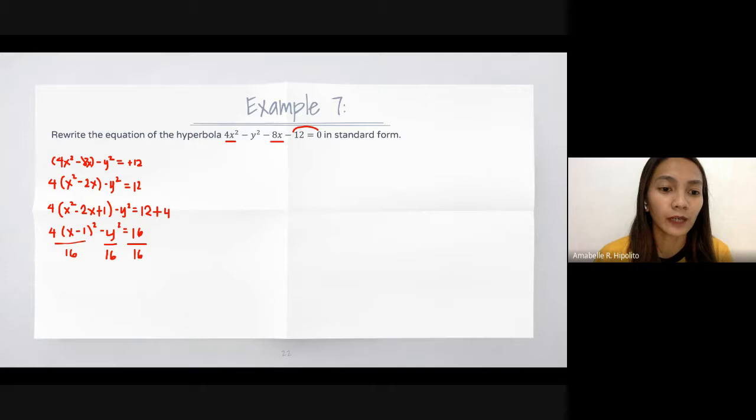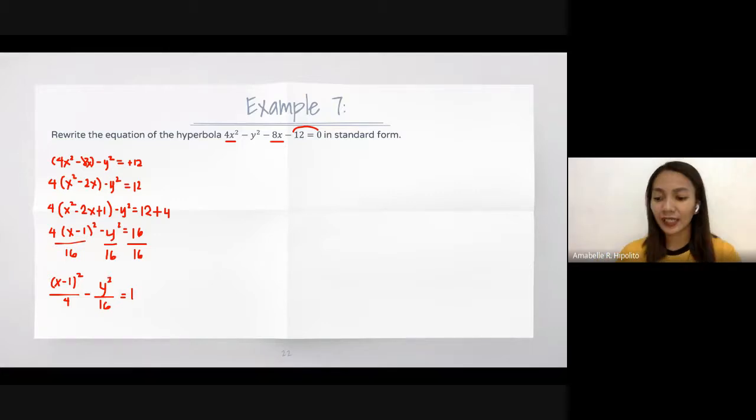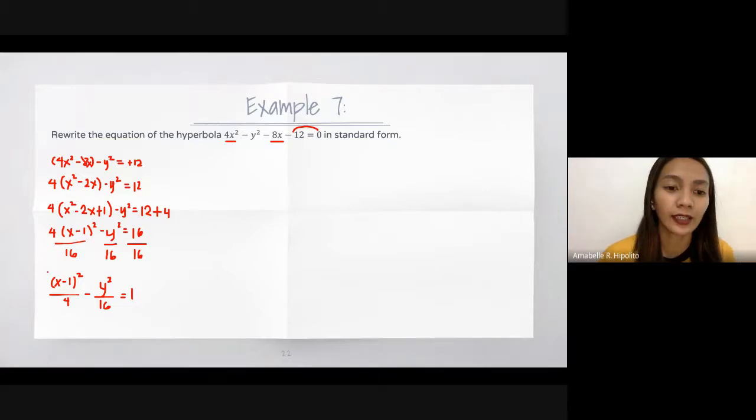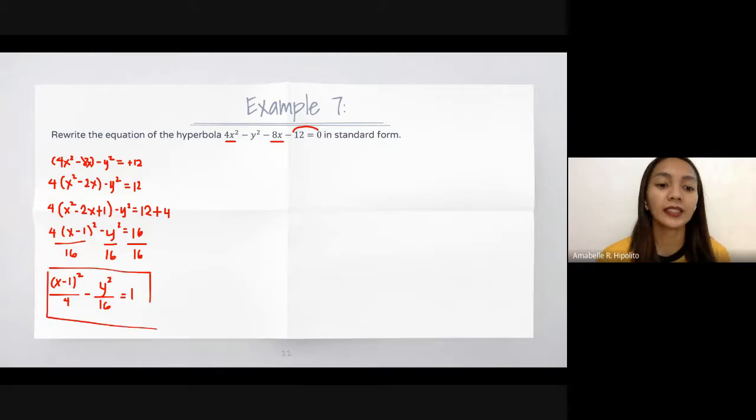So, magiging siyang x minus 1 squared over 4. Minus, ito, as is na siya. So, just copy y squared over 16 equals 1. Okay? So, since naka-standard form of the equation na siya, so therefore, ito na yung final answer niya. So, we have the quantity x minus 1 squared all over 4 minus y squared all over 16 is equal to 1. So, that's the standard form of the equation.